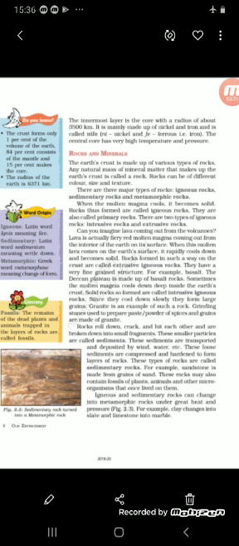And they hit each other and are broken down into small fragments, small pieces. And these small pieces or small particles are called sediments.